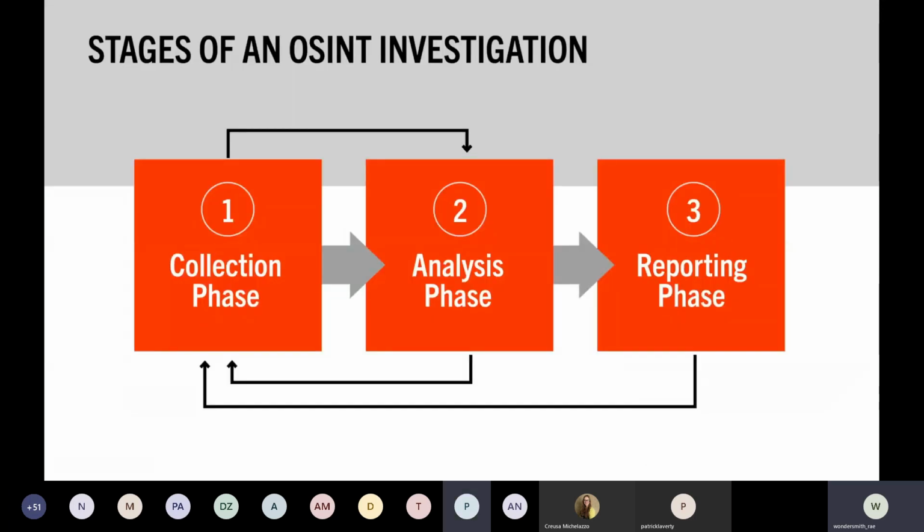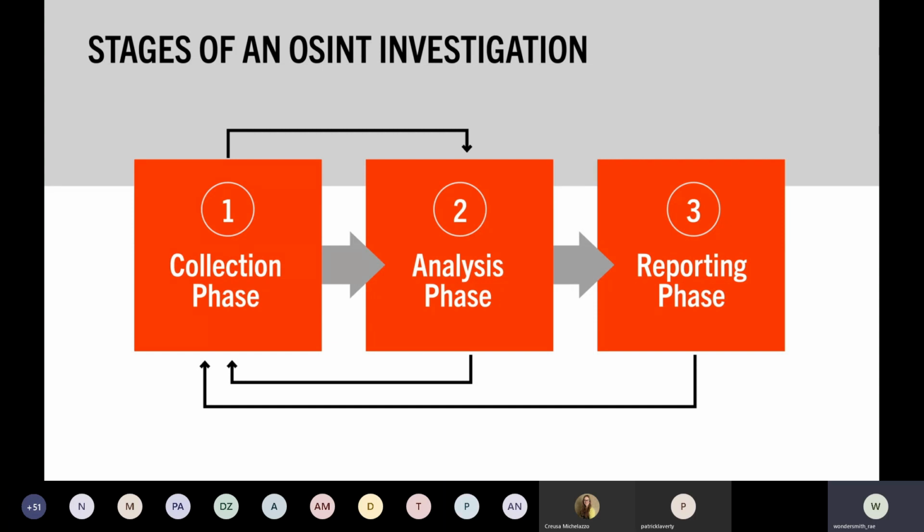So the stages of an OSINT investigation, as I see them, is the collection phase. So that's when you would be collecting all your information, trolling Google and social media and documents online and pulling all that together. And then the second phase would be the analysis phase.